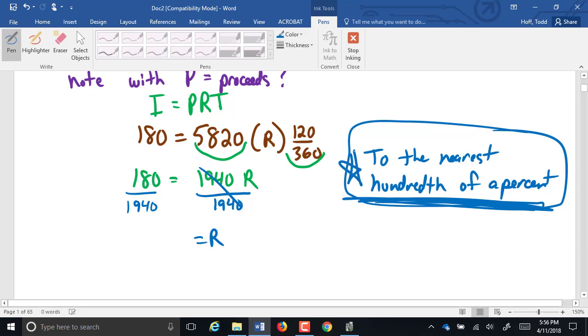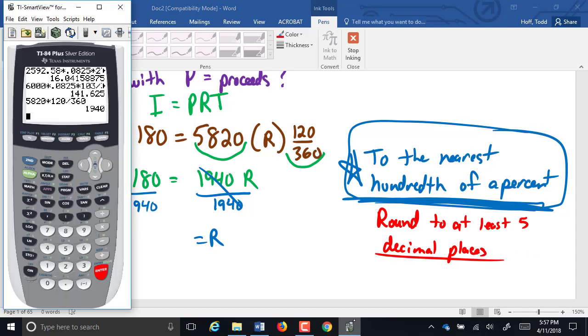So that's something to make note of and keep track of. Since I want the effective rate to the nearest hundredth percent, I'm going to round to at least 5 decimal places. Let me show you why.